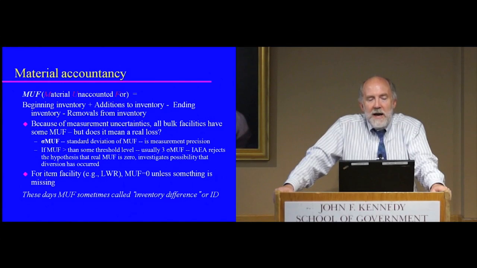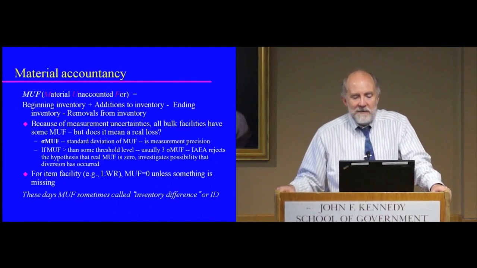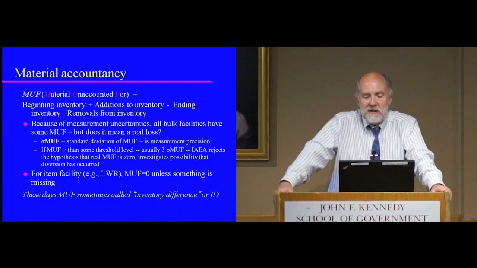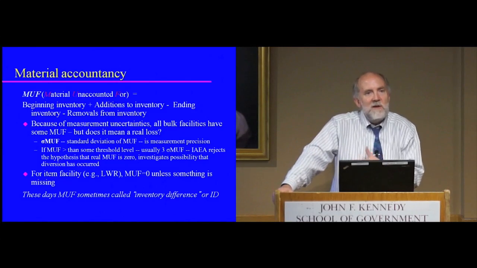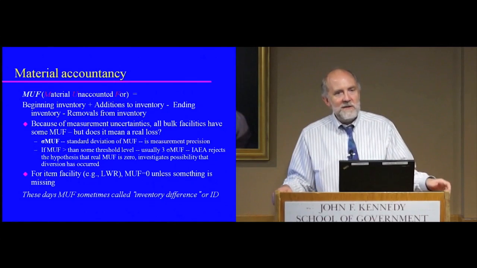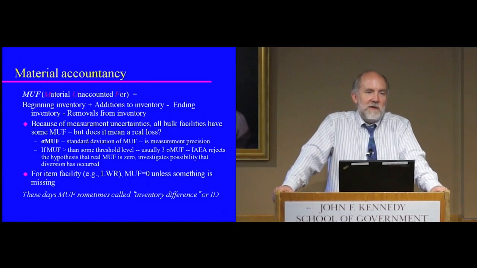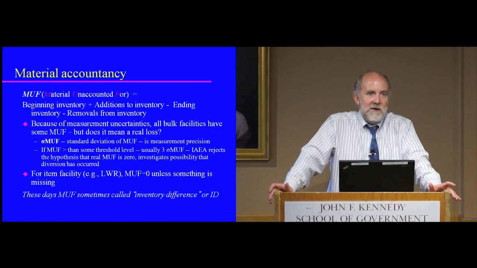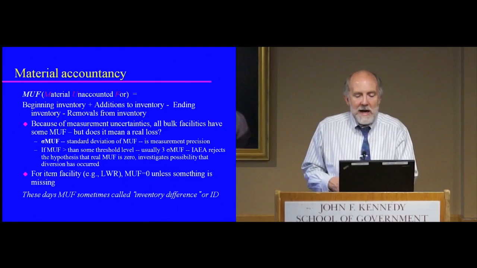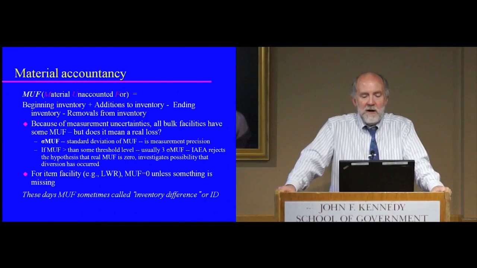So they look at the standard deviation of the MUF. That is, is the MUF bigger than you would normally expect at this particular facility? And if the MUF is above some particular threshold, say 3 times the standard deviation, then the IAEA rejects the hypothesis that the real MUF is 0, that is, that there isn't anything missing, and investigates the possibility that some form of diversion has occurred.